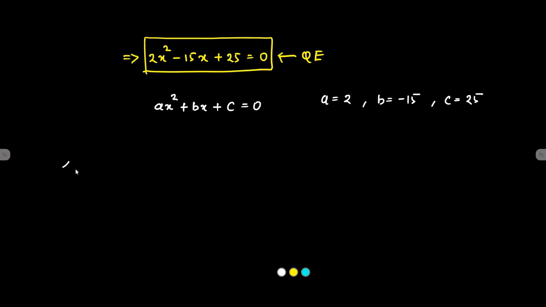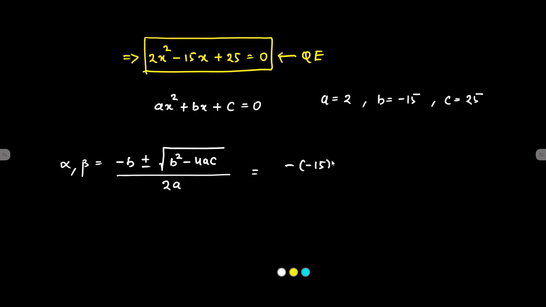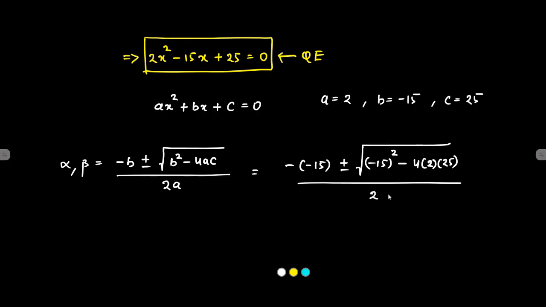So as per the quadratic formula, the two roots of the quadratic equation are minus b plus minus root over of b square minus 4ac by 2a, which is equal to 15 plus minus root of b square minus 4ac, that is 2 into 25, by 2a, which is 2 into 2.